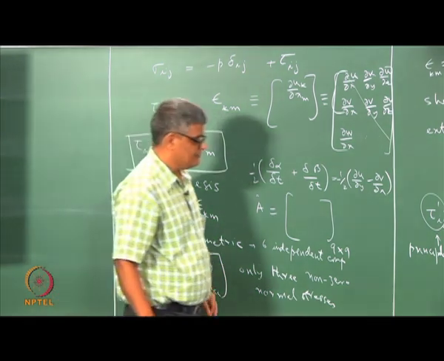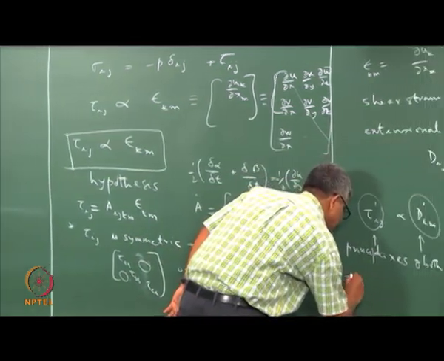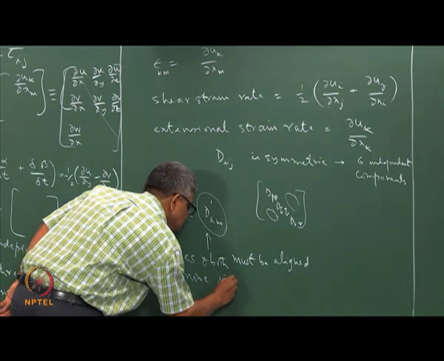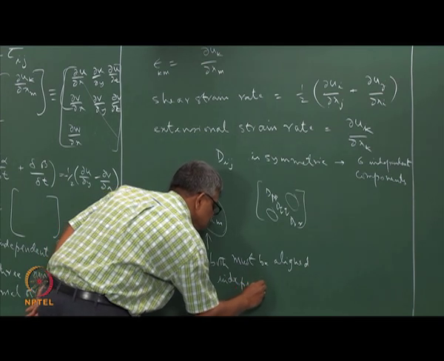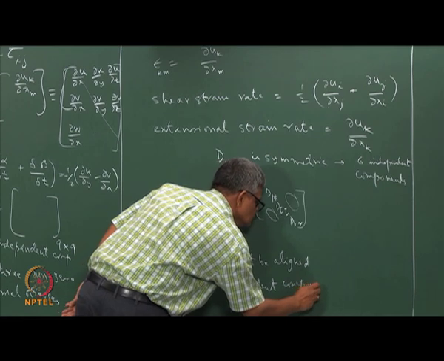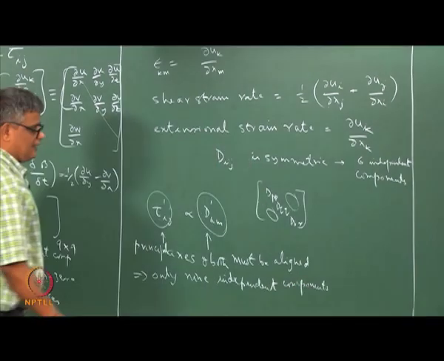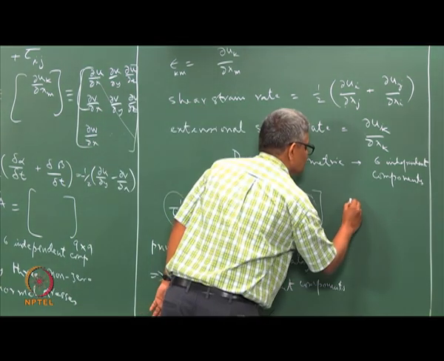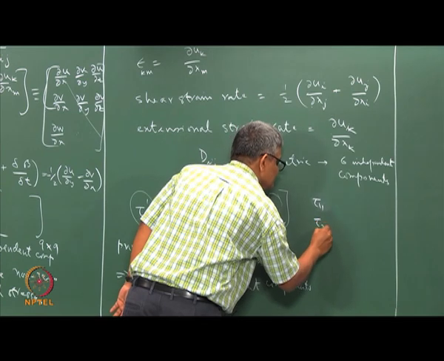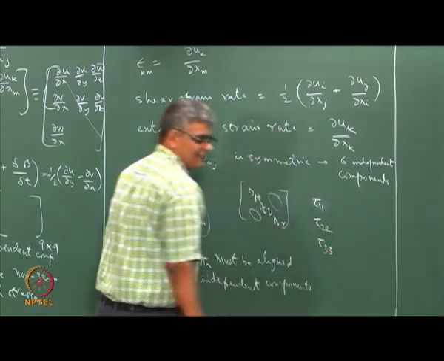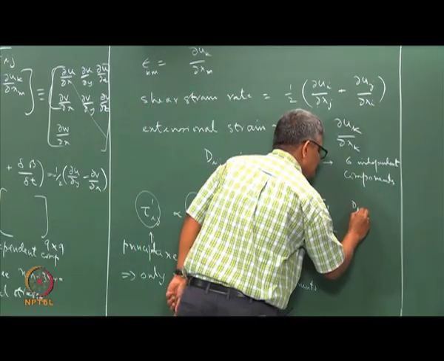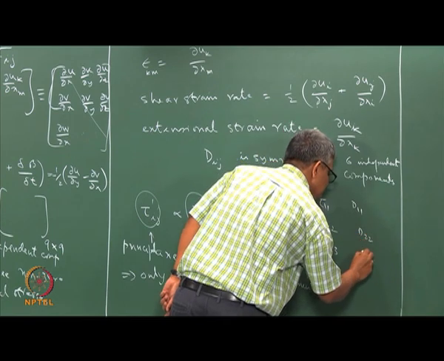Okay. So, in that sense we have only 9 independent components. And what are these 9 independent components? We can put these as tau 11, tau 22, tau 33, because only diagonal terms are there, and similarly d11, d22 and d33.